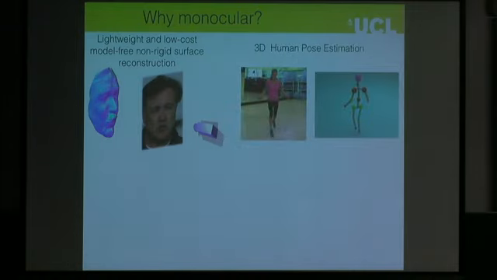And the second problem that I'm going to discuss today is how to reconstruct the 3D pose of a human, so how to estimate the 3D skeleton of a human just from a single image. And in fact, I'm going to talk about how to do this when we don't have 3D annotations. We only have 2D annotations on the images.